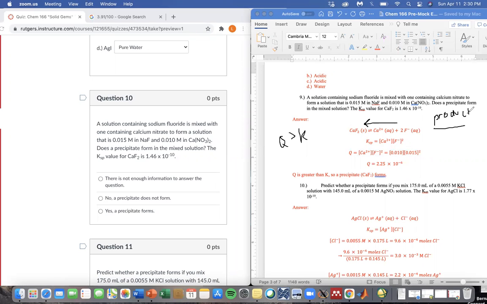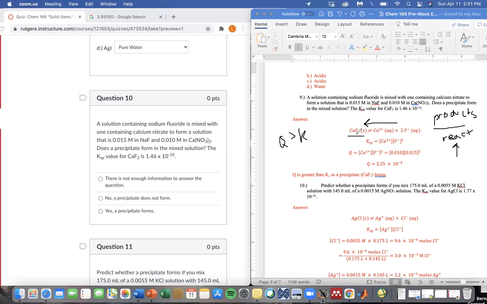So if your Q value is greater than your K value, that means you would need to be adding more to your denominator in order to make the number smaller. And if you're adding more to your denominator, you need to be adding a higher concentration to your reactant. And so when you have a Q that's greater than a K, it means you're going to go towards your reactants.